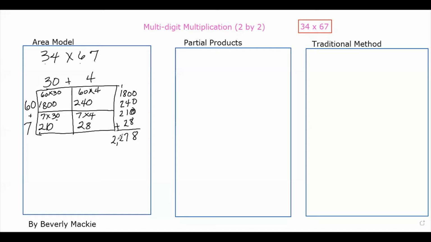All right, let's take it again. Let's go to partial products. I just have a habit of writing it, but this time we're going to write the partial product. We will write that vertically.